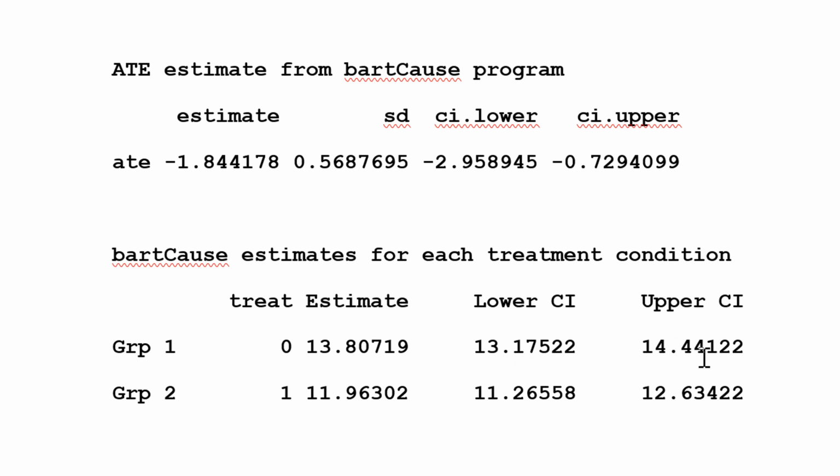And here are the credible intervals for those means. The treatment effect up here is the difference between those two means. 11.96 minus 13.81 is minus 1.84. And then again, we have the credible intervals for those. Because the value of 0 is not contained in the credible intervals, that means that the effect is statistically significant.